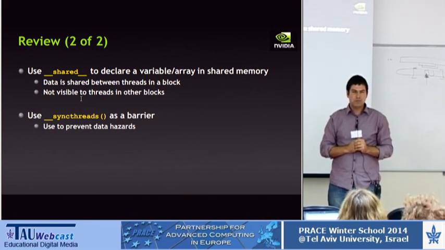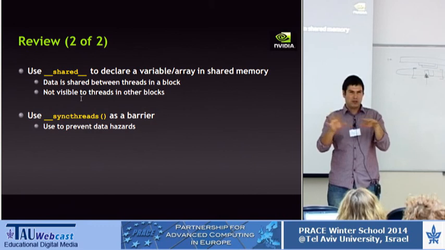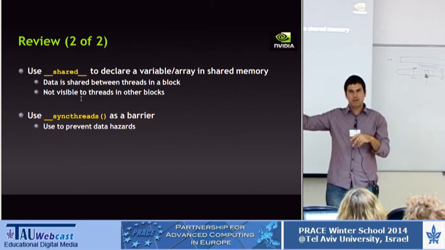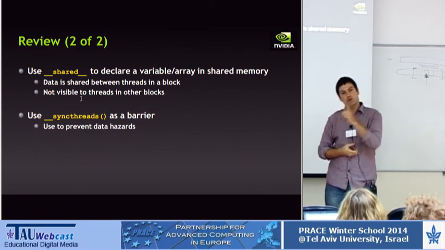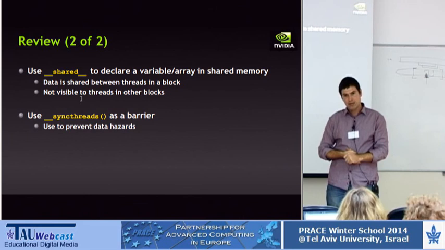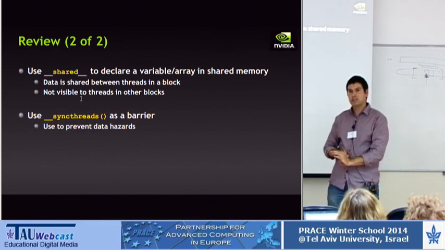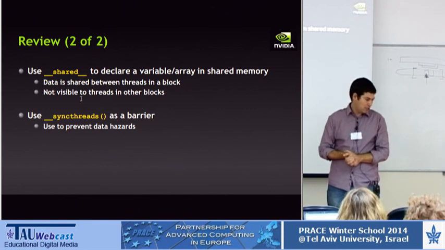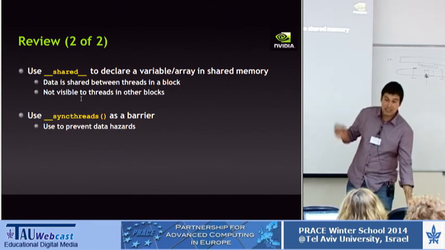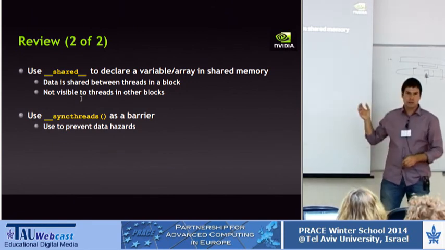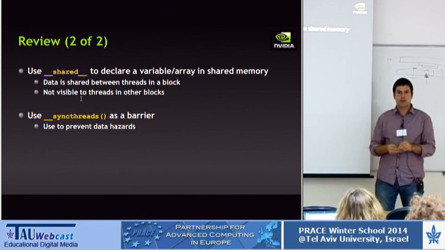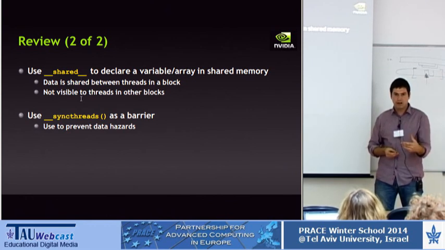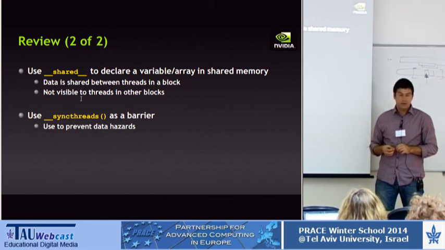If for some reason they arrive at different times, and one of them is much slower than the other, then first you have to wait for everyone to arrive. This is a complex issue, and I'm leaving many things out. But this is how threads can cooperate and help each other do the same thing, whereas different blocks cannot cooperate and share and do anything together.